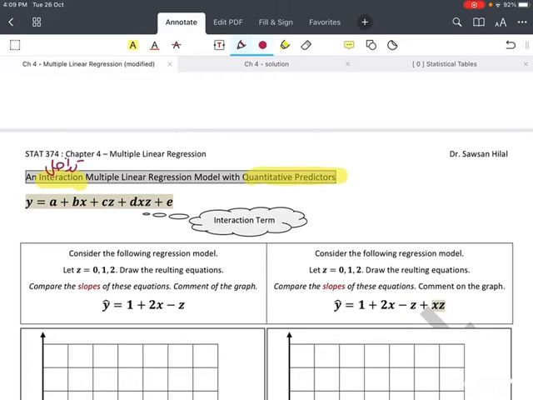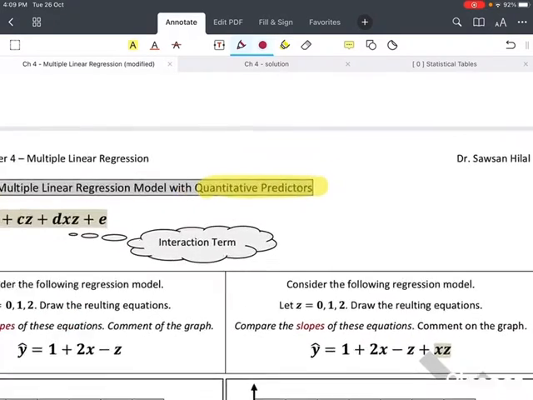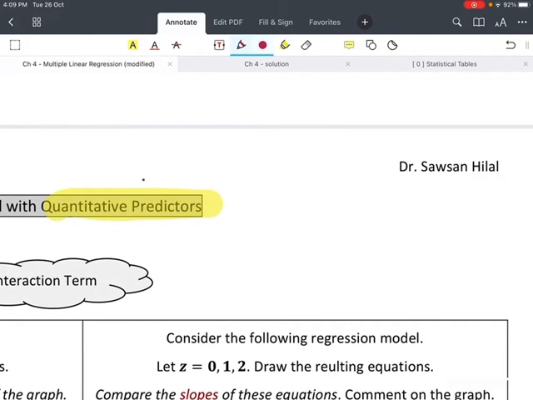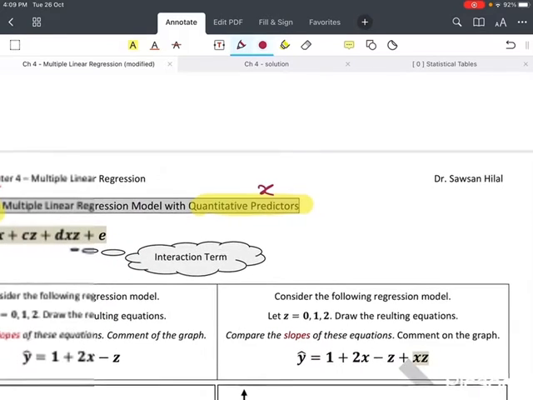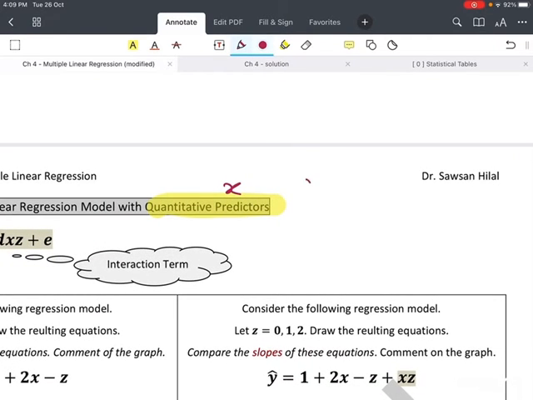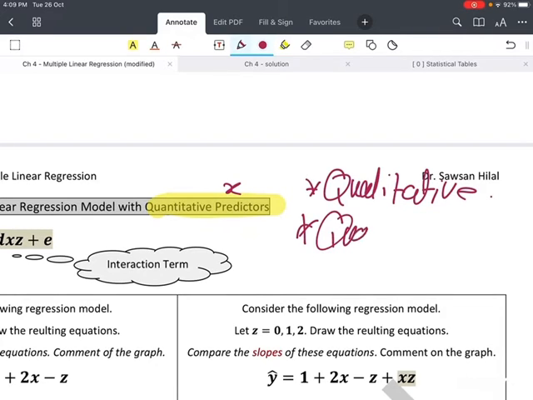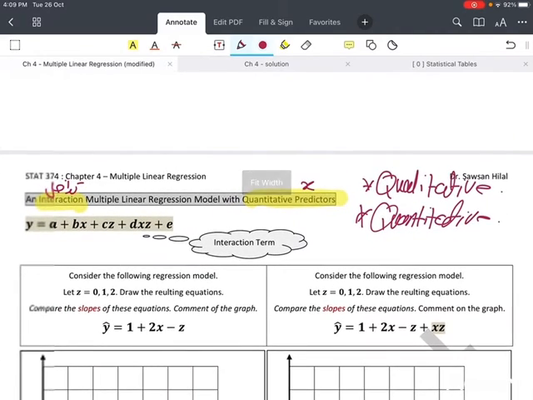البريدكتورز اوكي ممكن يكونون نوعين. البريدكتورز اللي هما الاكس اوكي. They may be two types. They may be qualitative or they may be quantitative. Okay, what's the meaning of qualitative?